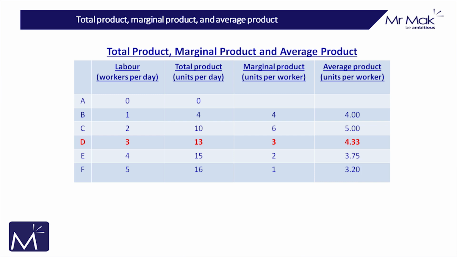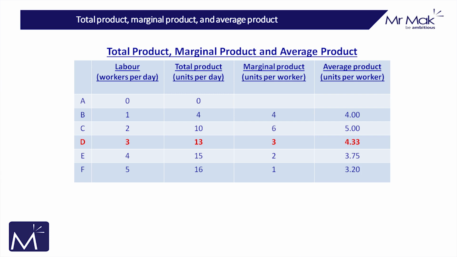Let's take a look at an example. So let's do an example of total product, marginal product, and average product using labor as our input. And in the first scenario A, let's assume we've got no labor, so we're producing absolutely nothing. What happens if we add 1 unit of labor?